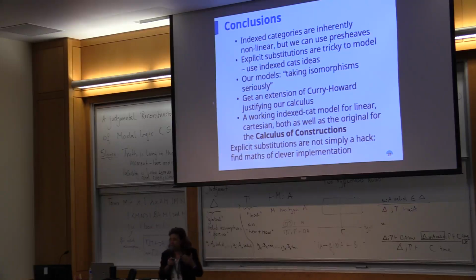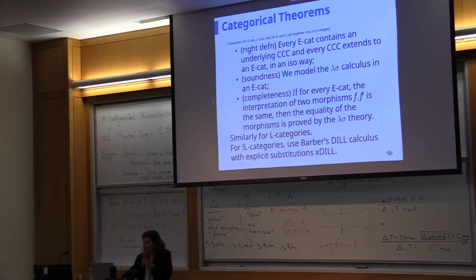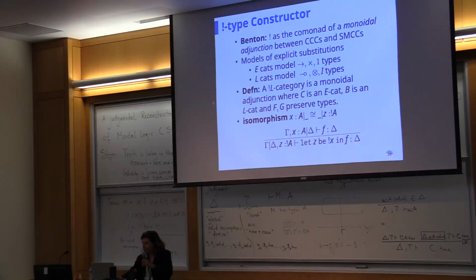So the models that we're talking about take isomorphism seriously. And some people might say, it's too hard, Valeria. I can't work with this stuff because all these isomorphisms that I conveniently try to avoid have to be put into the computer, right?